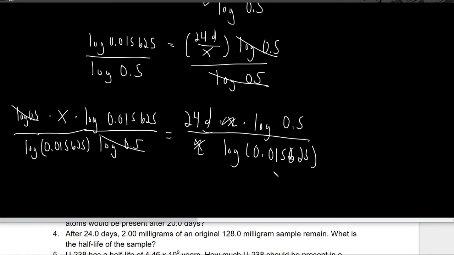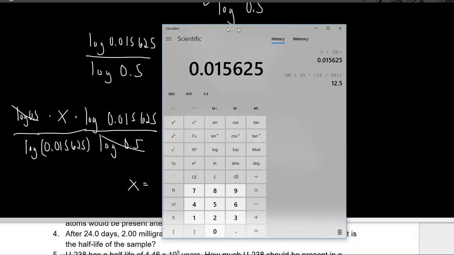All right, let's actually try to plug this in to see if I can get a reasonable answer for x here. Let's also see how good my calculator is at this.